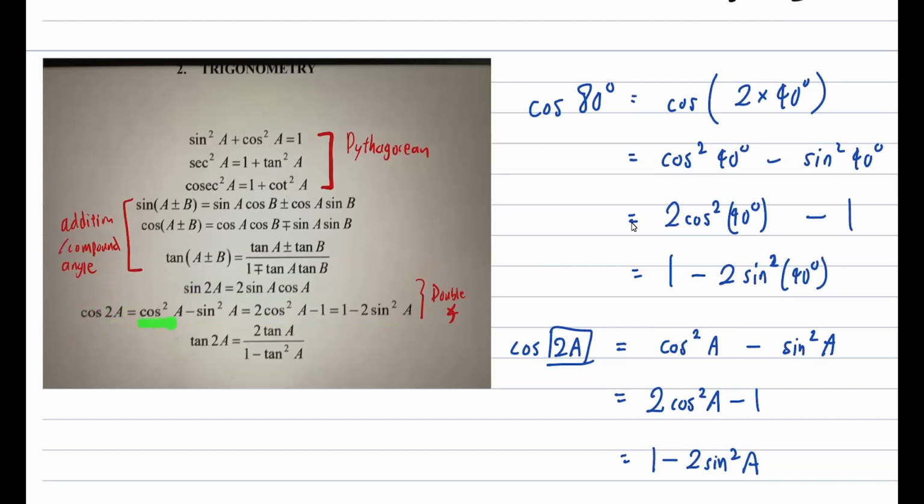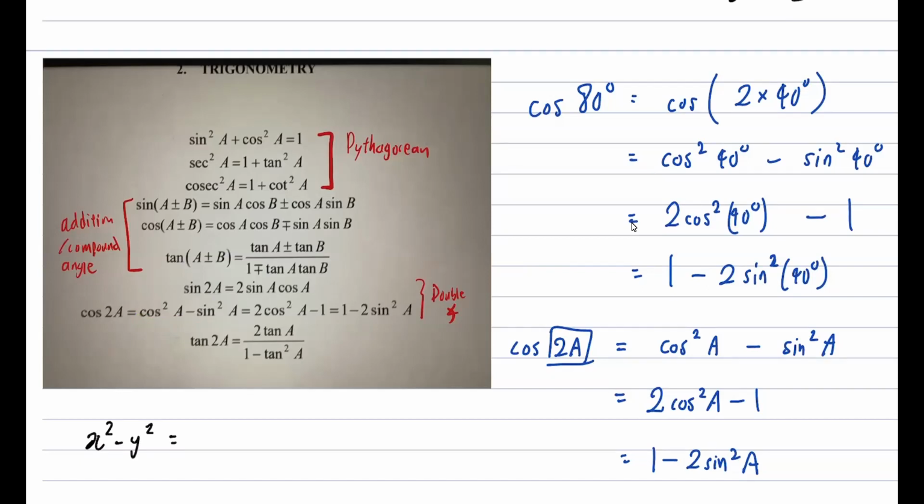So what else do you notice? If you focus on the first version, you get cosine square minus sine square. Doesn't that remind you of a certain algebra identity? Pythagorean. That's actually correct, but I was trying to lead you towards another direction, which is relevant to question 8. x square minus y square. Can you factorize this?